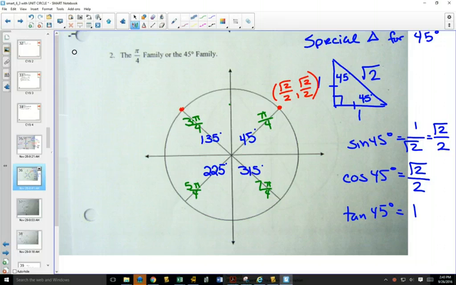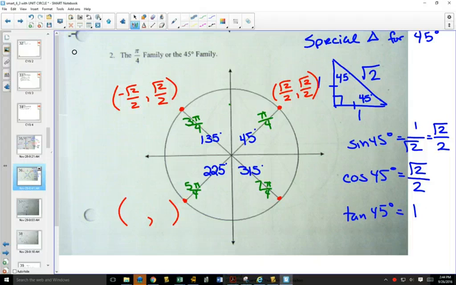And if we know that any angle with the same reference angle will have the same sine and cos, we can now label our points in quadrant 2, 3, and 4. The only thing that's going to change is some are going to be positive and some are going to be negative.